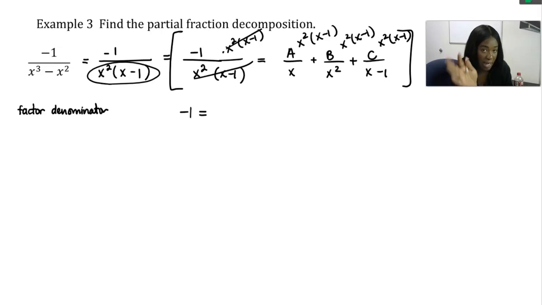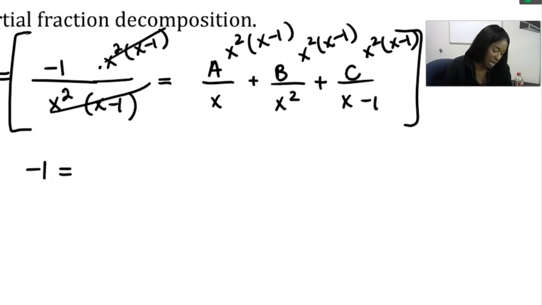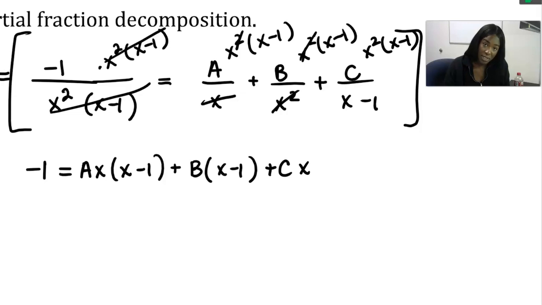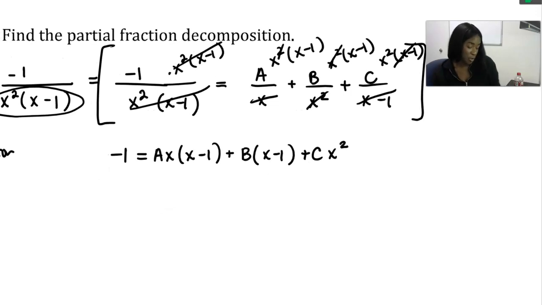On the A term, the x in the denominator will cancel with one of the x's from the x squared, so that will leave us with A times x minus 1. For the B term, the x squared will cancel with the x squared and leave us with B times x minus 1. And for the C term, the x minus 1s will cancel and just leave us with Cx squared. You know the drill by now, hopefully.